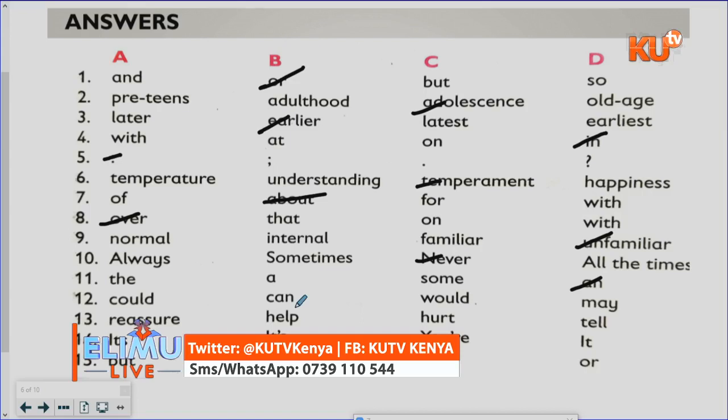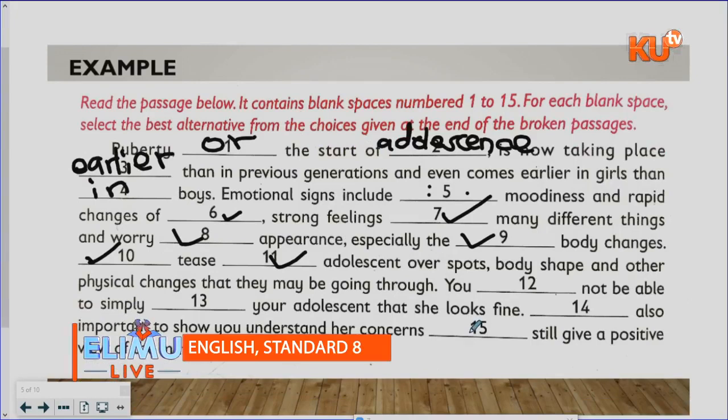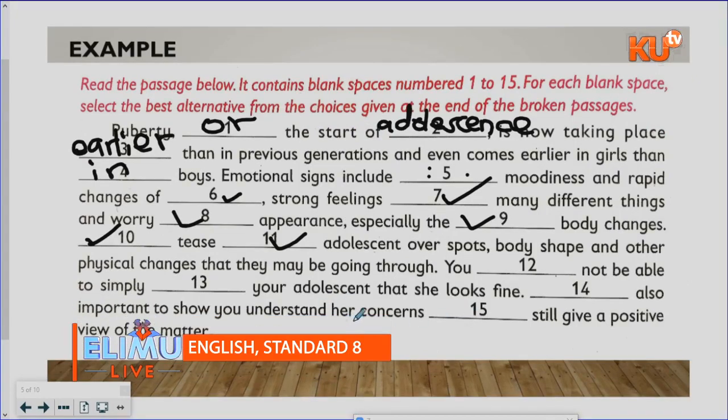The answer there is may, because you're not sure. You may not be able to simply dash your adolescent that she looks fine.